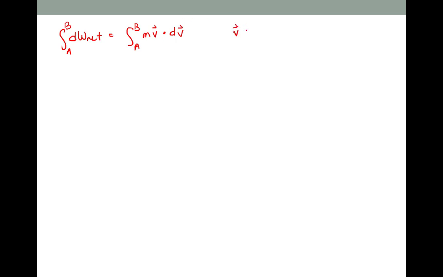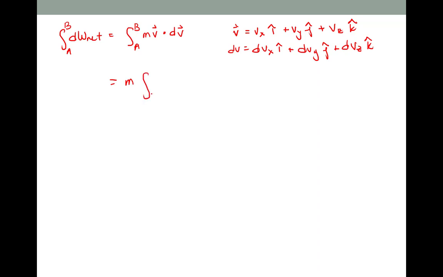Now remember, v is vx i hat plus vy j hat plus vz k hat, and dv will be dvx i hat plus dvy j hat plus dvz k hat. So when I take this dot product, pulling the m out in front, I have vx times dvx plus vy times dvy plus vz times dvz.